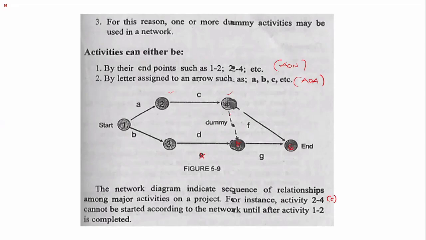Okay, kung wala man gud ning dami diri, so wala siya dependency. Na para makita nga dependency sa activity G sa activity C, na need ta mo provide og dami.